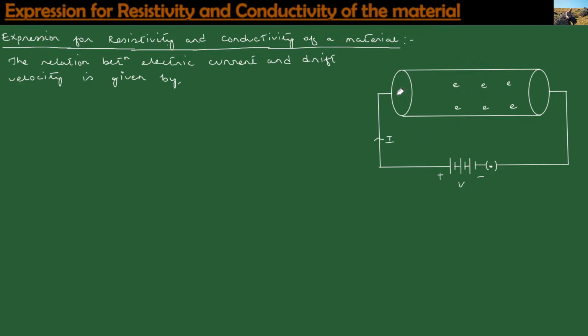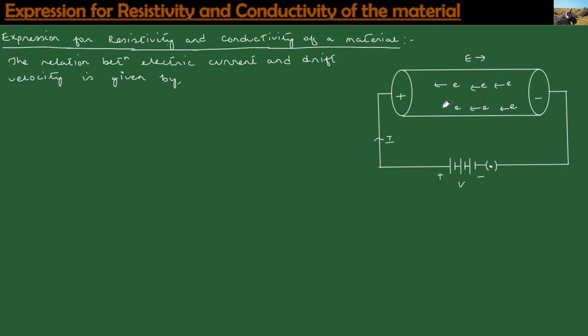In such cases, this end of the conductor will be at a positive potential, and this end of the conductor will be at a negative potential. All these electrons will be moving in the direction opposite to the field. The electric field will be in this direction. All these electrons will drift in this manner.